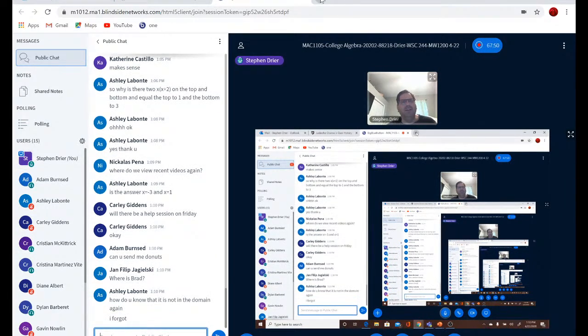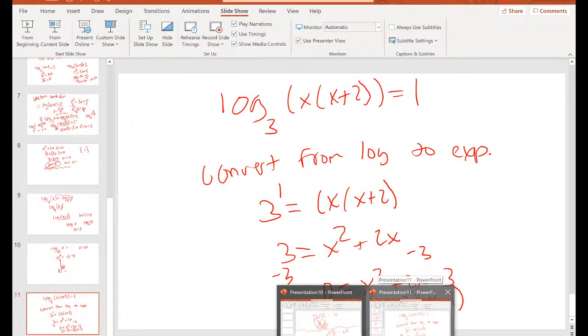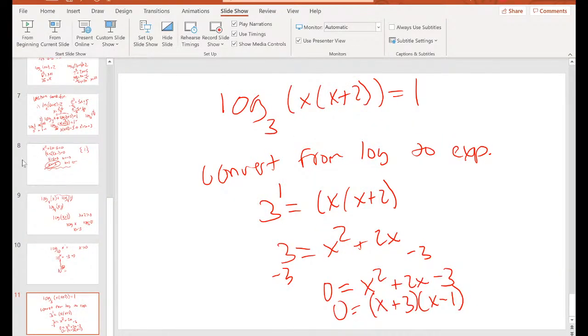How do we know it's not in the domain? Ashley, because the original problem had log x in it.